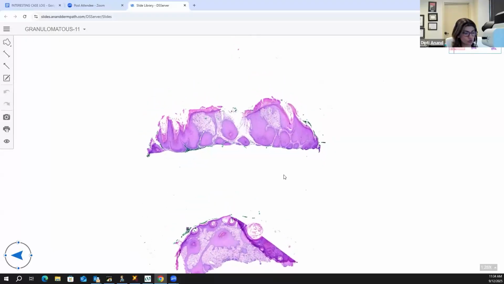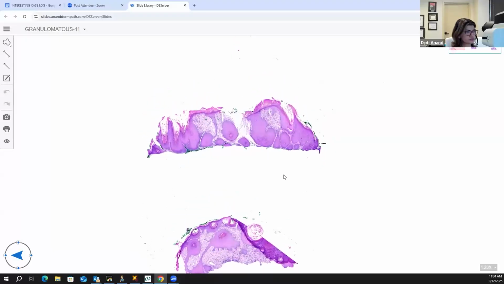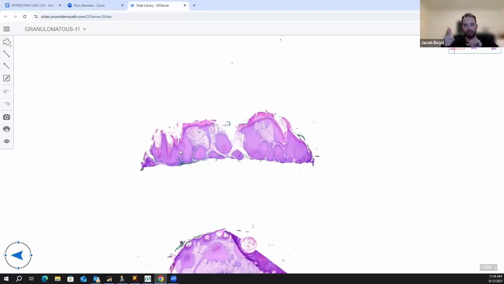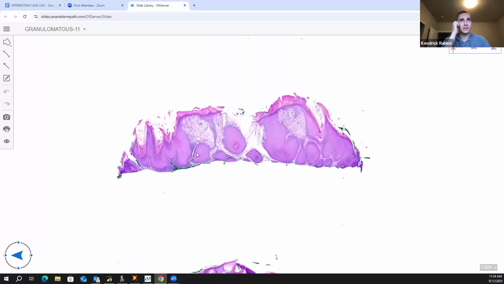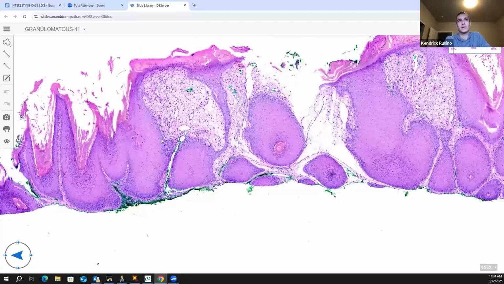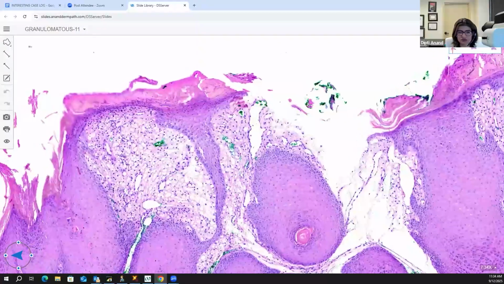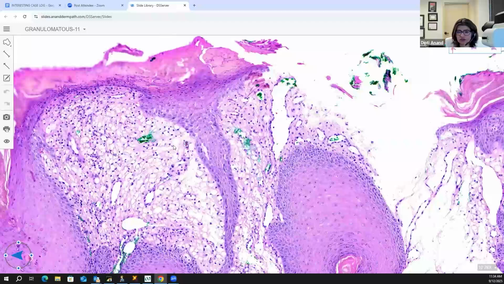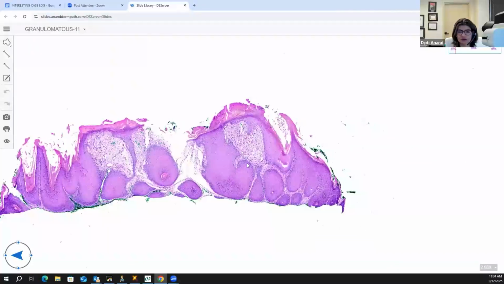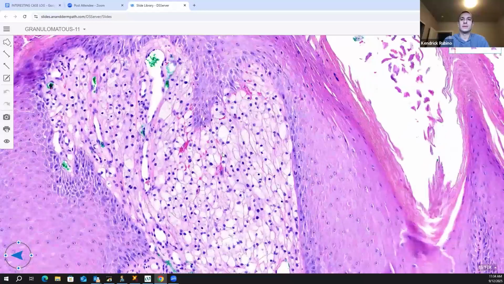Okay, let's do the 11th one. Yeah, I can take this one. This is kind of like the columns on fire that you described. So this is like the verruciform xanthoma. Yep. And then the second order question, name one disease it can be associated with. Trying to remember.